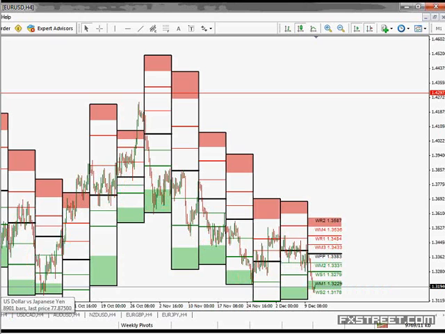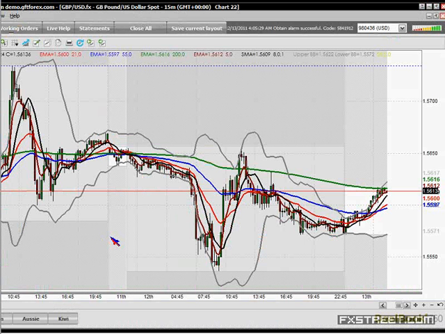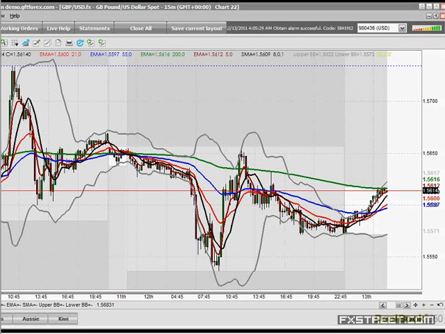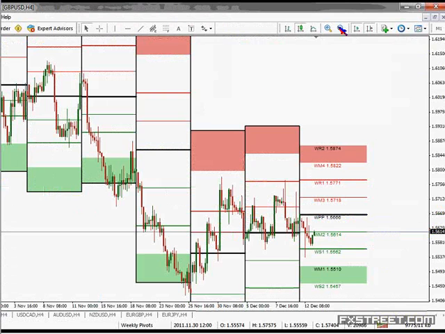Let's take a look at the pound, guys. What do you mean by pivot compression, George? That, like, week after week, they're getting narrower and narrower? So, is there an example here?